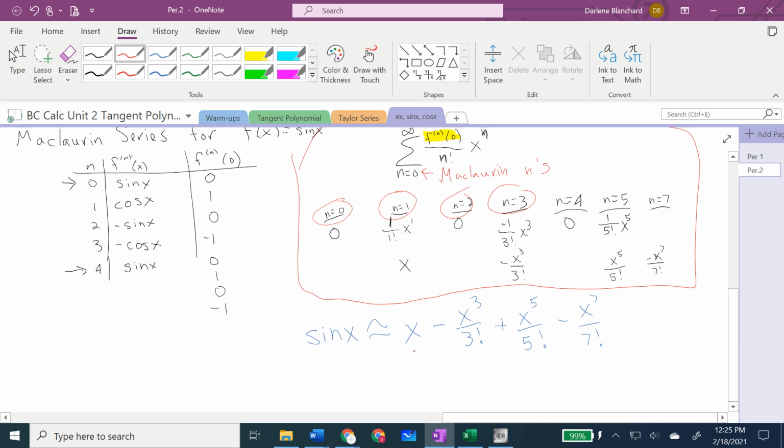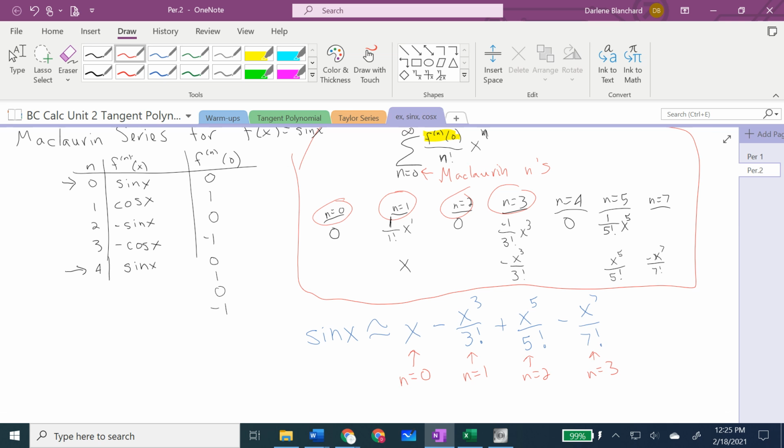I'm going to let this term be what happens when n equals 0. And this is what comes out when n is 1, when n is 2, when n is 3, and so on. This will allow me to come up with a reasonable sigma formula.